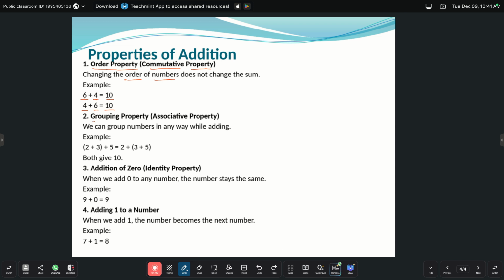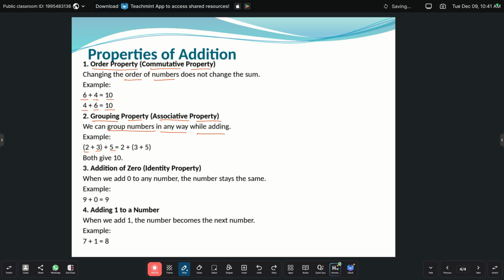Now, the second property is the grouping property, or the other name for grouping property is associative property. It tells us we can group numbers in any way while adding. For example, if I have here 3 numbers, the first addend is 2, the second addend is 3, and the third addend is 5.